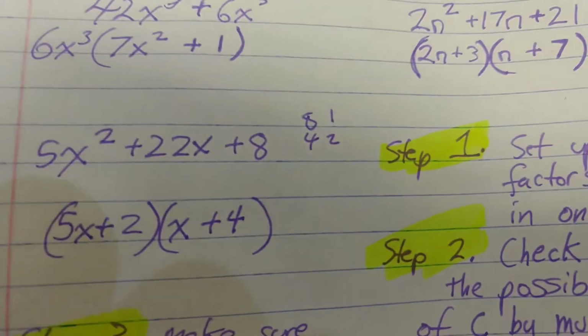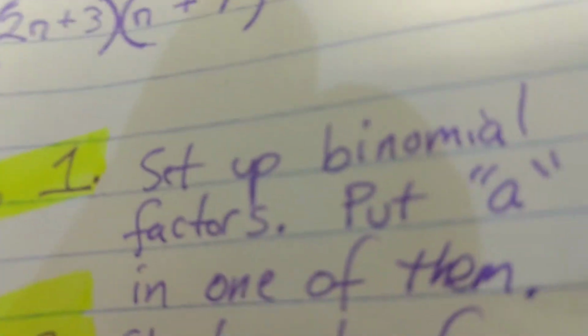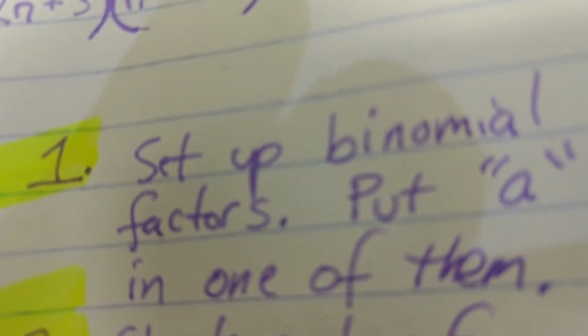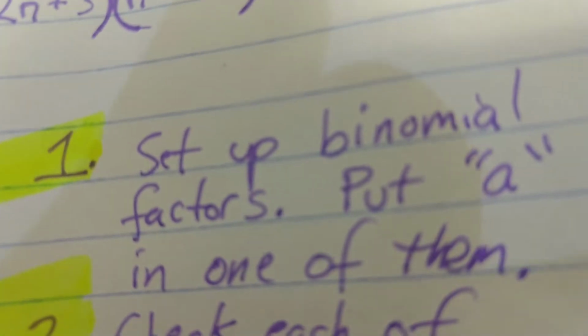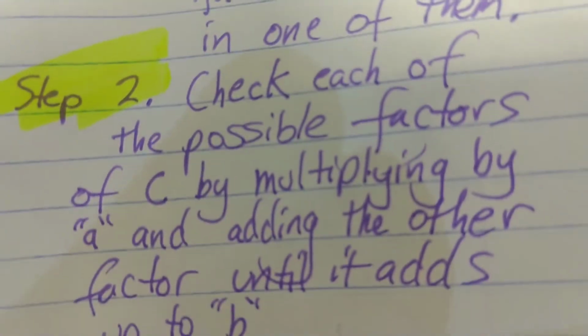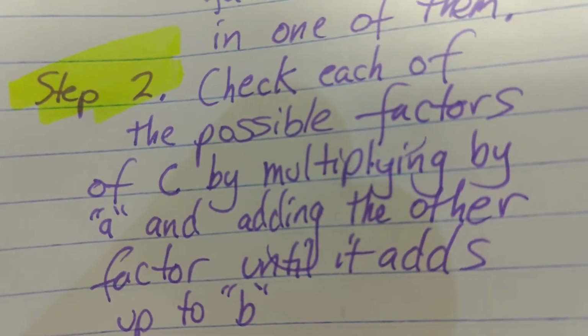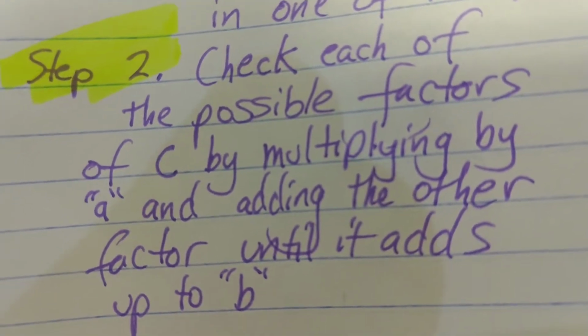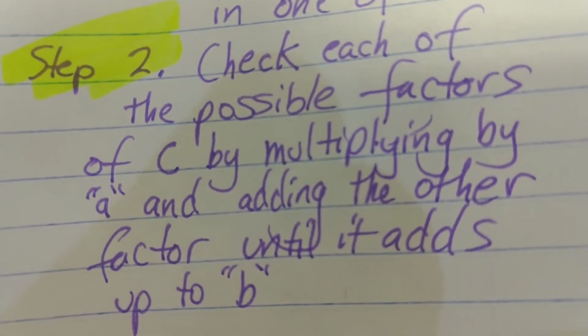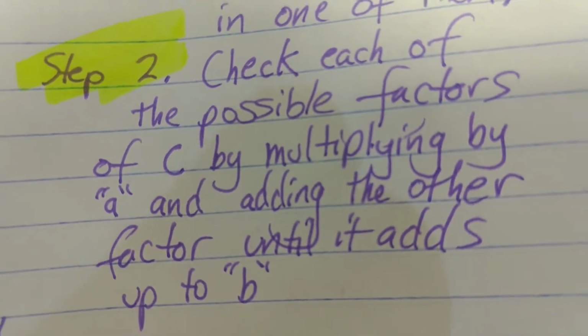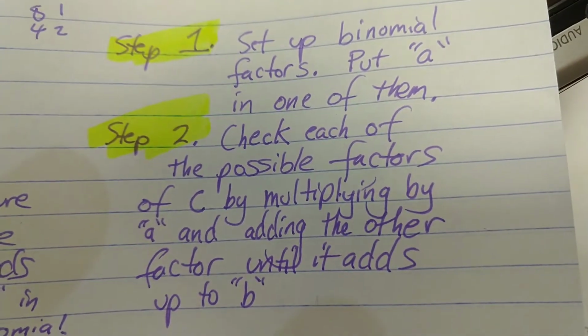So what are those steps? Step 1. Set up the binomial factors and put the a into one of them. Step 2. Check each of the possible factors of c by multiplying it by a and then adding the other factor until it adds up to b. Give you a second to write these down.